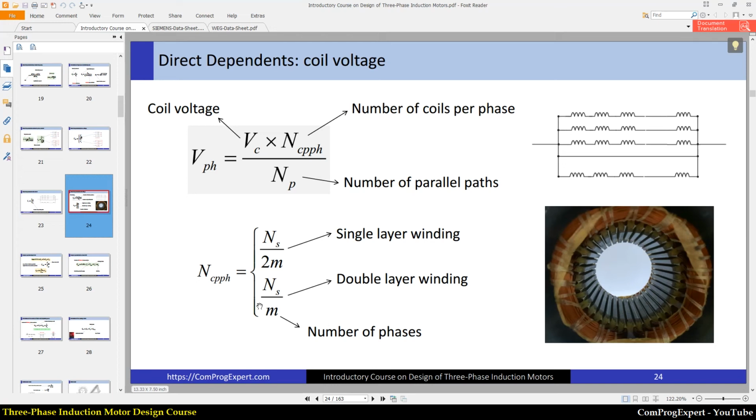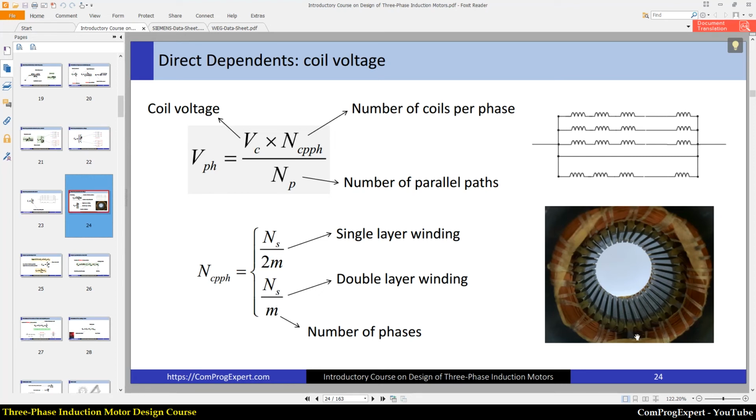The value of M is equal to 3, because we are designing a 3-phase induction motor. For a double layer winding, the number of coils is equal to NS, the number of stator slots, divided by M. And for a single layer winding, we have half of this value.